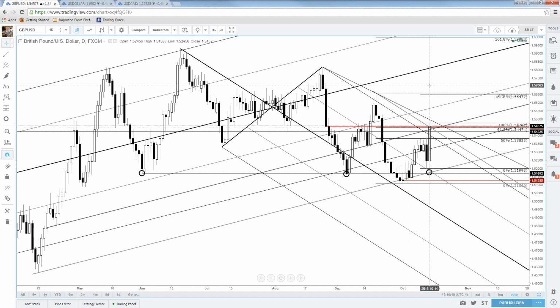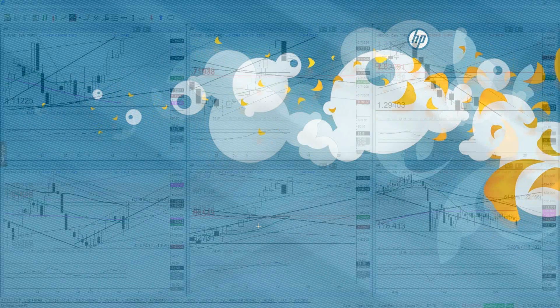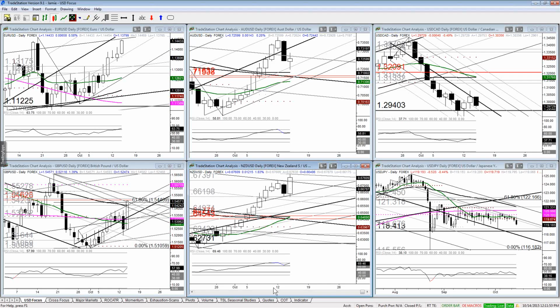Pound dollar is sitting here testing a high volume level right now, okay? I'm just going to get rid of the fibs, I'm kind of all over the place with this stuff. I want to highlight the big, big, big levels. All right, so you see this day right here, okay? That was 826. That was a high volume level. I can bring that up in a different platform here for you. Let's see. Volume.